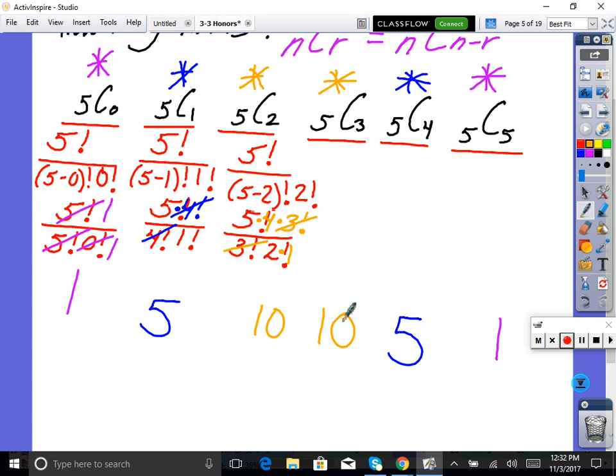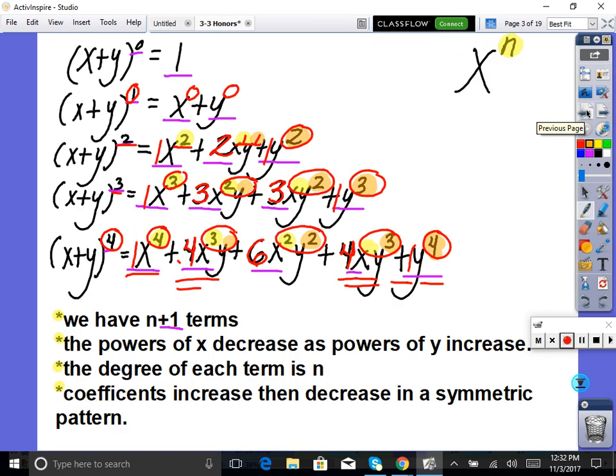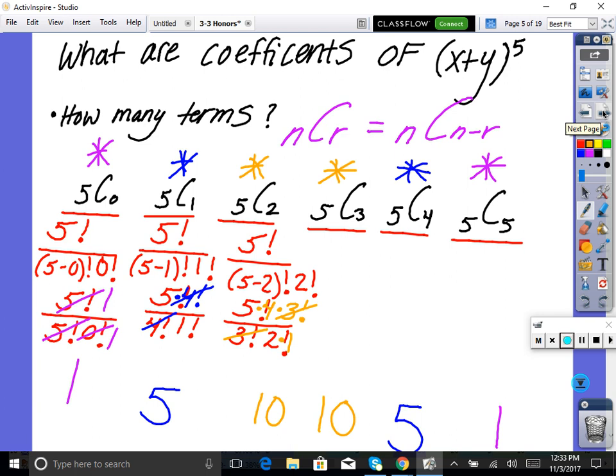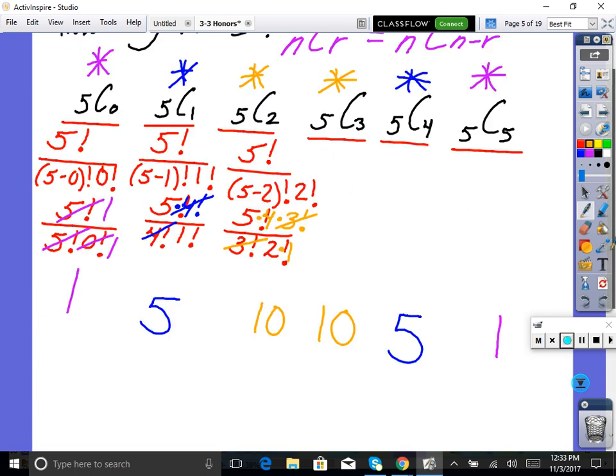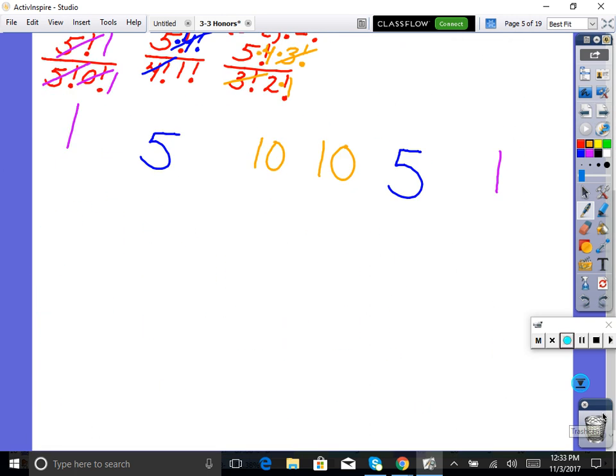And now we know that cute little trick and that pattern that was happening, based on what I showed you a second ago. So now this was x and y. Let's fill in the rest. It's going to start with the highest degree, x to the 5th, and then the x's go down: x to the 4th, x to the 3rd, x squared, x to the 1st, x to the 0.